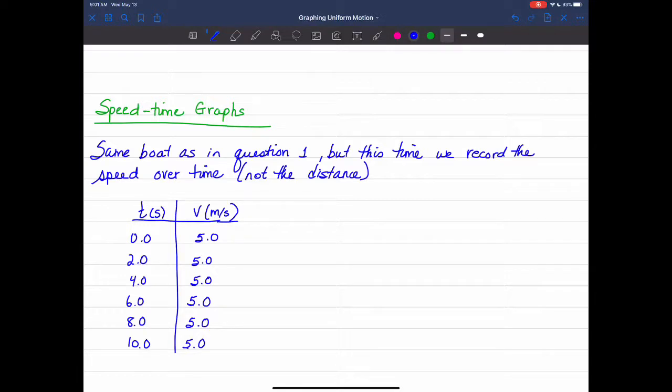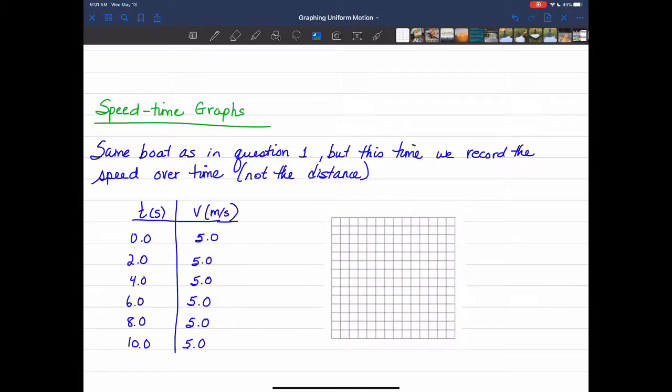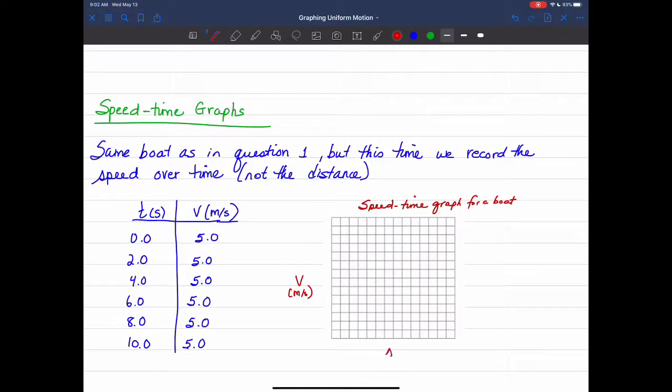So when we construct a speed time graph for a boat, this time we have the speed in meters per second, and we have the change in time in seconds. 0, 2, 4, 6, 8, 10.